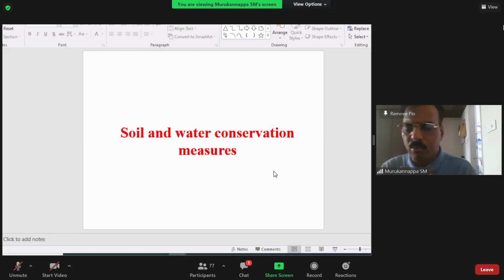We have to find the features of land, mainly the vegetation cover, the slope of the given land, the shape, and also the total area. So that will be studied.